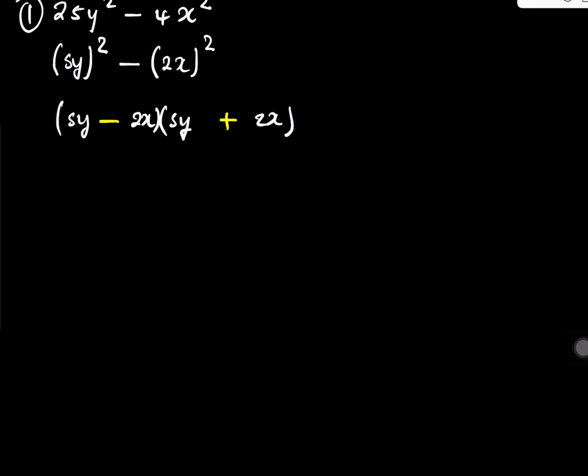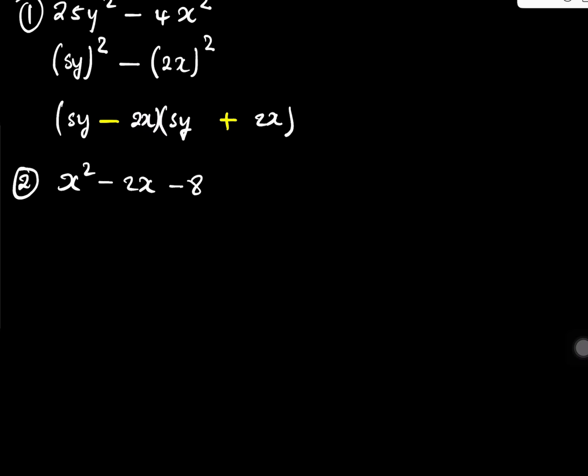Now, number 2. Let's say I give you a trinomial that is not difficult at all: x squared minus 2x minus 8. If I want to factorize this, I say to myself, this is a trinomial of degree 2.